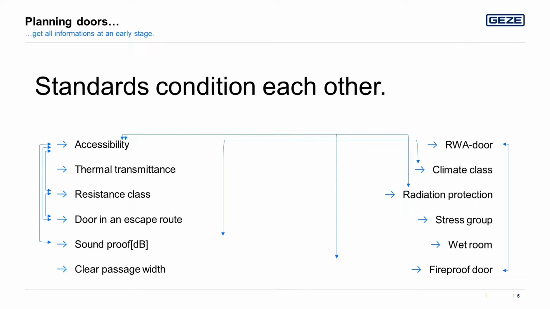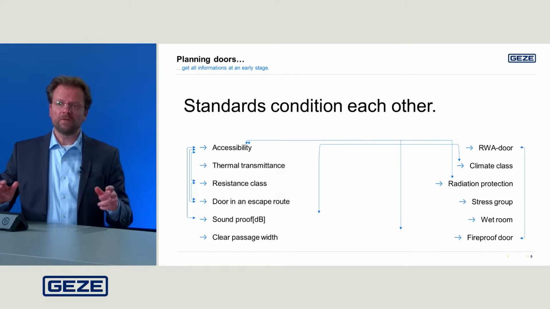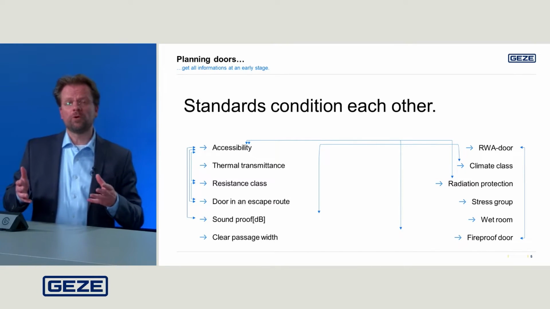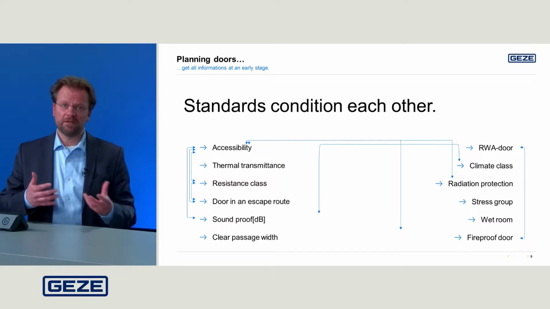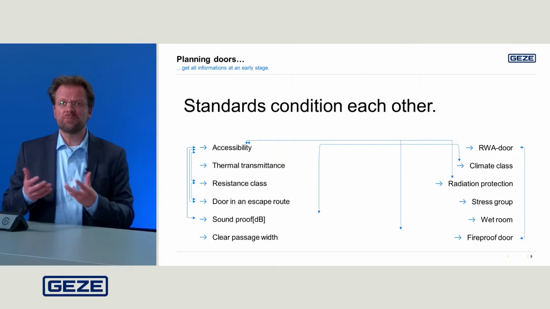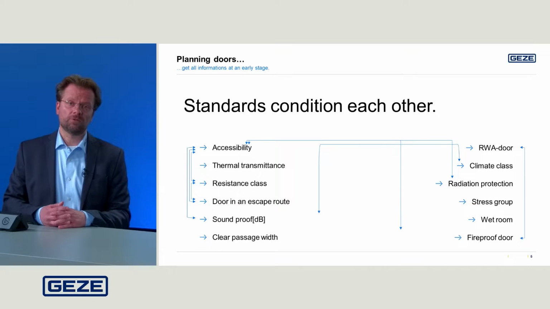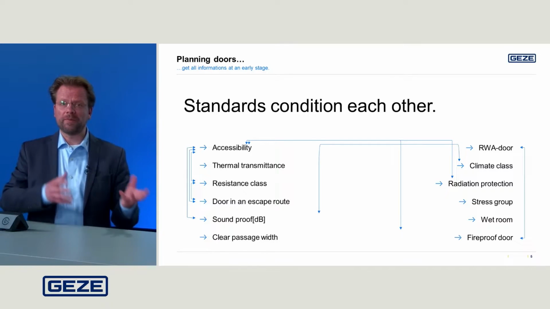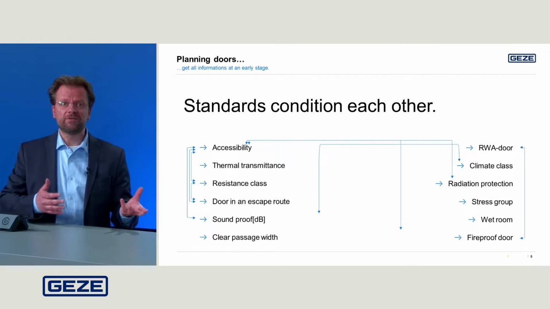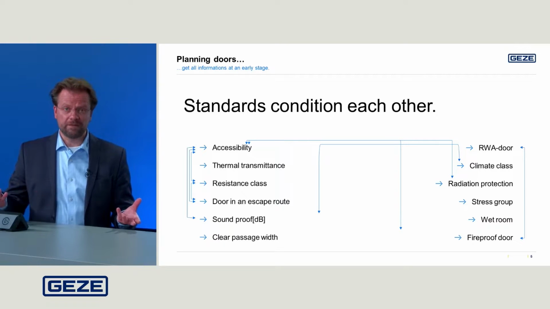Two things that, well, you might think do not relate to each other, but they do. A fireproof door has to be shut. It needs a spring, a door closer, and so it might be a bit difficult to open this door. But when we're talking about accessibility, we need this door to open very easily.